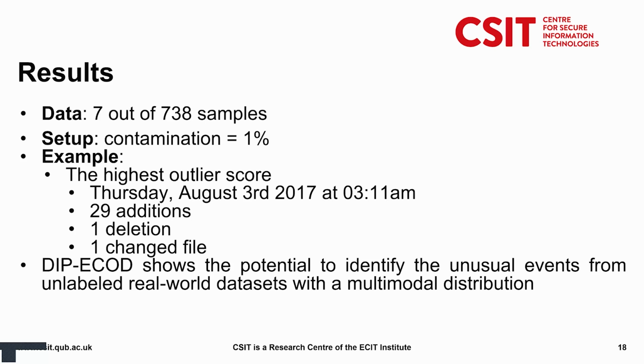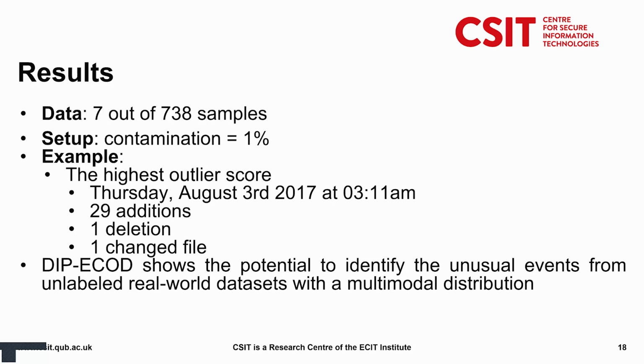So let me give you an example of the commit which has the highest outlier score. If we only look at the number of deletions and the number of changed files, it's quite normal. However, if we look at the date and the time the commit was made, which is 3:11 a.m. If you remember the example I gave at the beginning of my presentation about the working pattern of engineers, 3:11 a.m. is not usual.